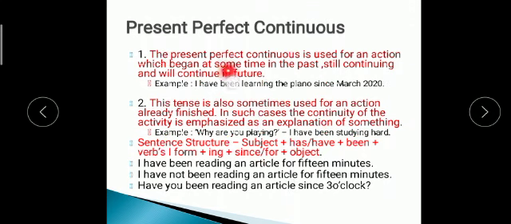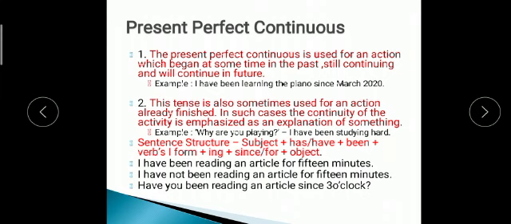The present perfect continuous is used for an action which began at some time in the past, still continuing, and will continue in future. For example, I have been learning the piano since March 2020. It means some classes I have already attended, some classes I am attending, and some classes I will attend.